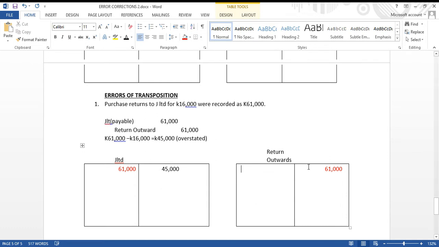And since we have an overstatement on our return outwards, we're going to have to debit that so we can reduce this amount. So when you subtract 45,000 from 61,000, you're going to remain with 16,000, which is the original amount you were supposed to have.